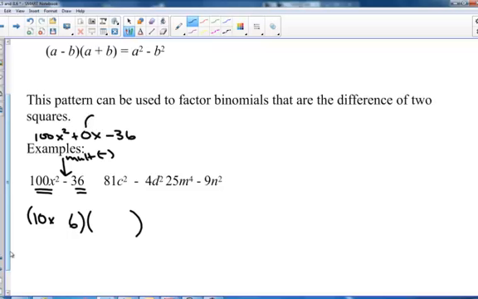One is a plus and one is a minus because it multiplies to give you a negative, and it adds to give you 0, because that again is 81c squared plus 0cd minus 4d squared. So that's my factored form, and that does work.